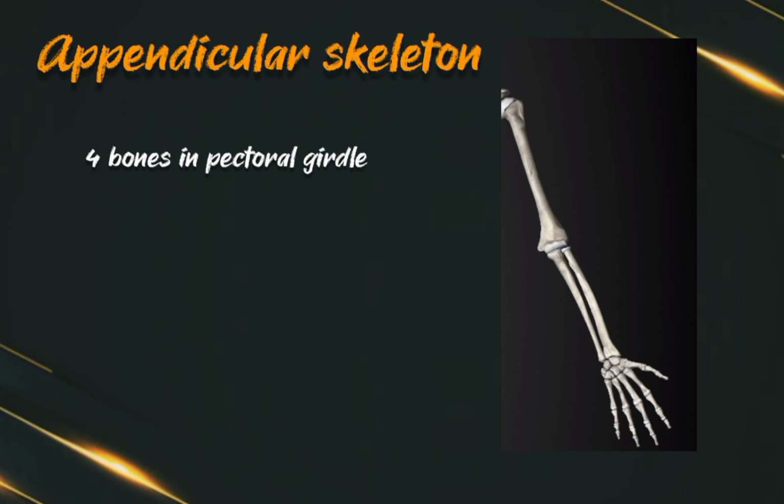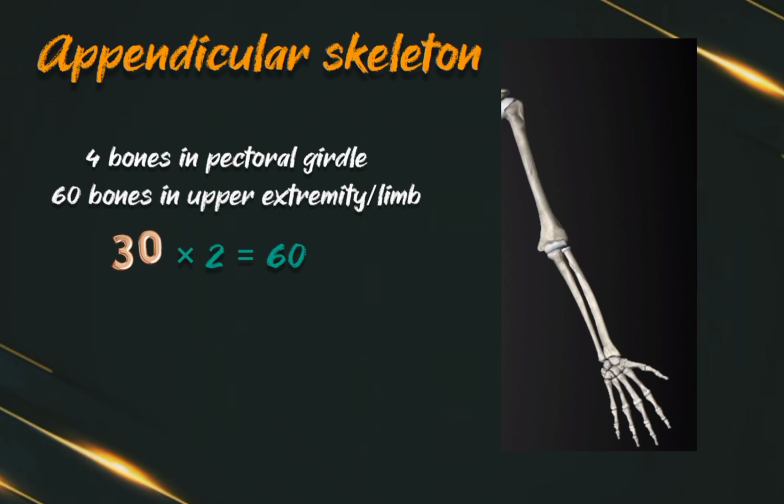As we have two upper extremities, let's multiply this figure, 30, by 2, and we get 60. So 60 bones are present in the upper limbs, as part of the appendicular skeleton.